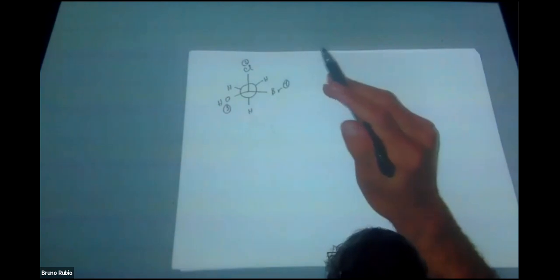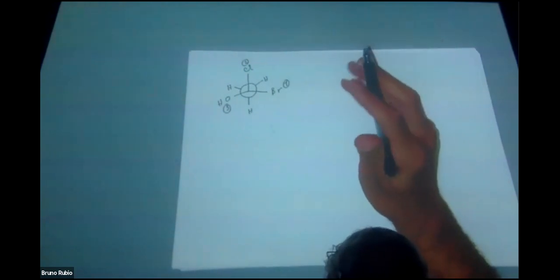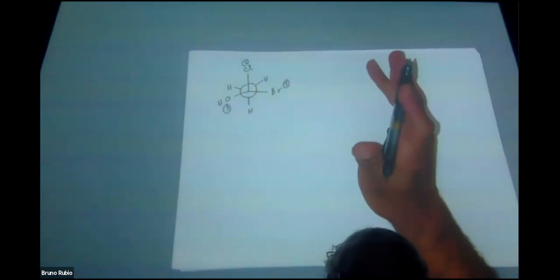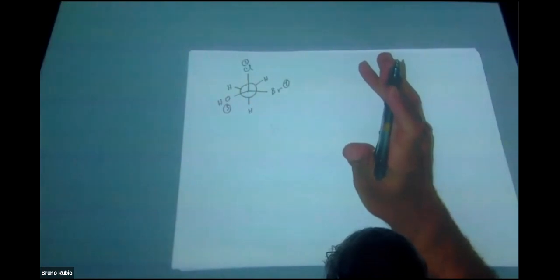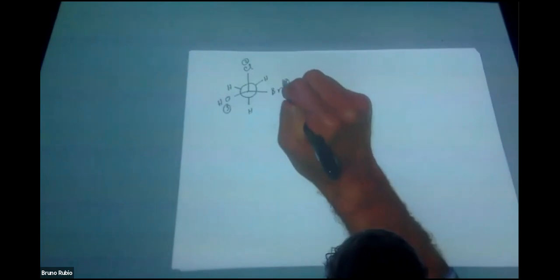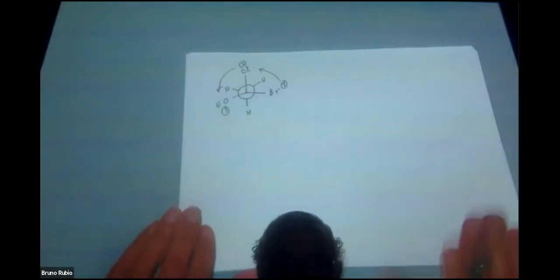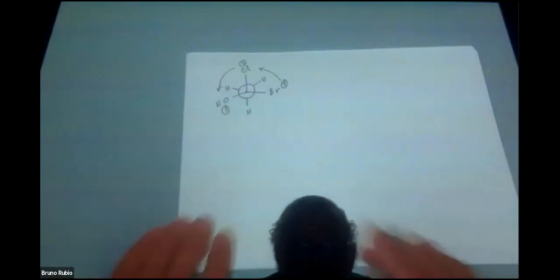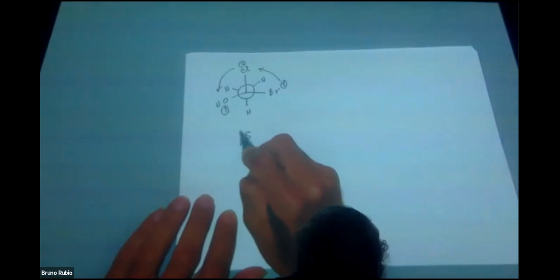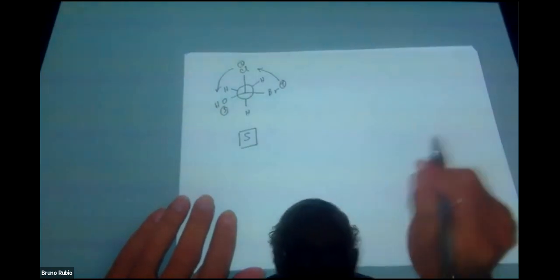So very conveniently, the group of lowest rank is pointing away from you, going into the page. And so all we need to do is note the sweep, go from 1 to 2 to 3. The group of lowest rank, which turned out to be that carbon, is pointing away from us. That's the S absolute configuration.